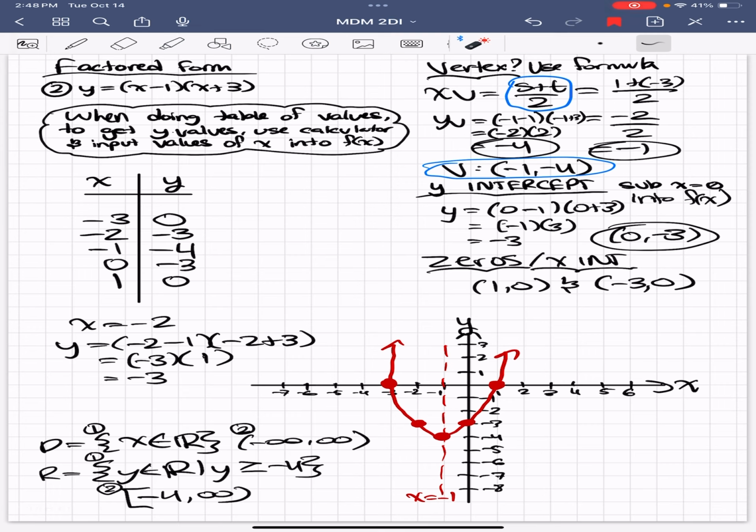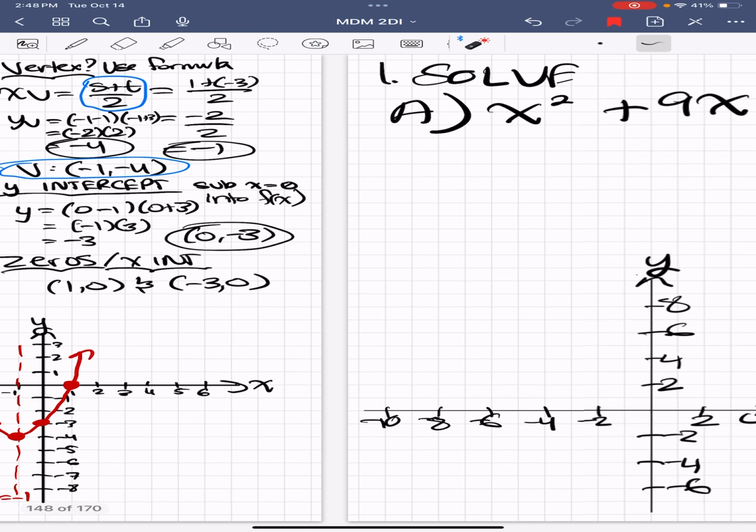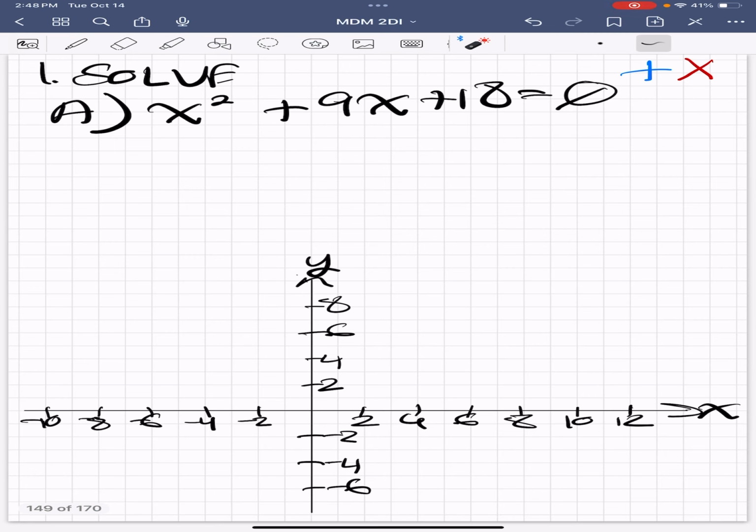Here's factored form, and within what we're doing, this is what we're looking for when we're graphing parabolas or quadratic equations. So we need two factors that add to a positive 9 and that multiply to a positive 18.